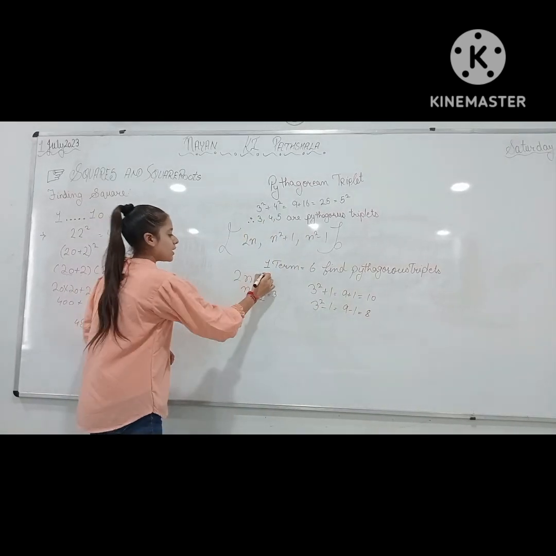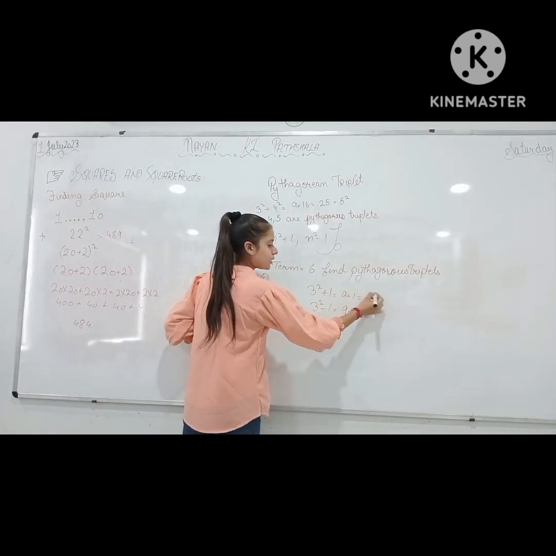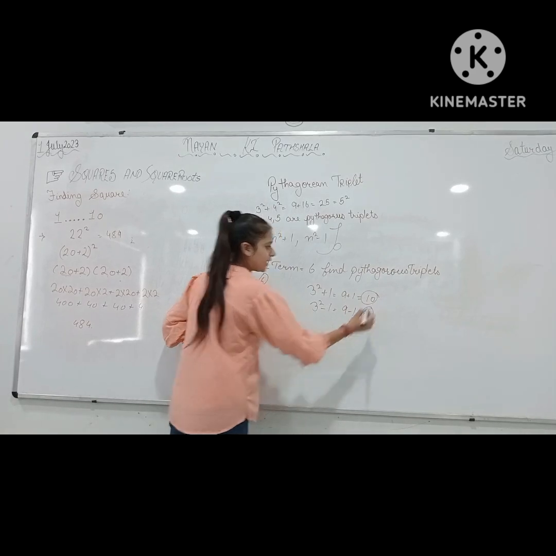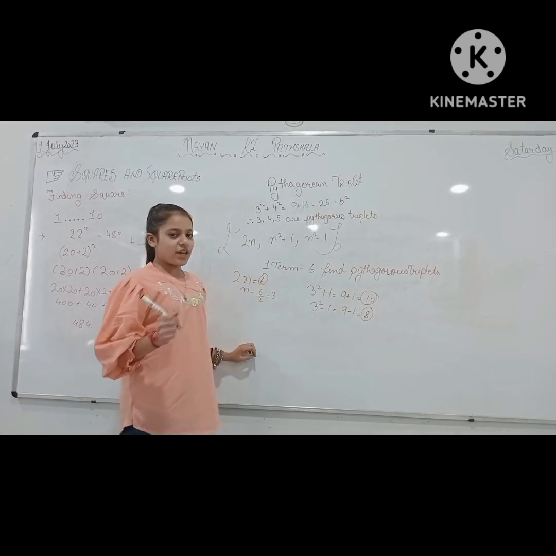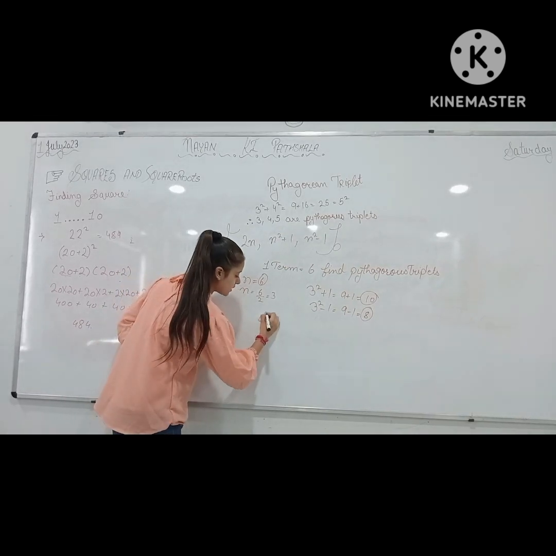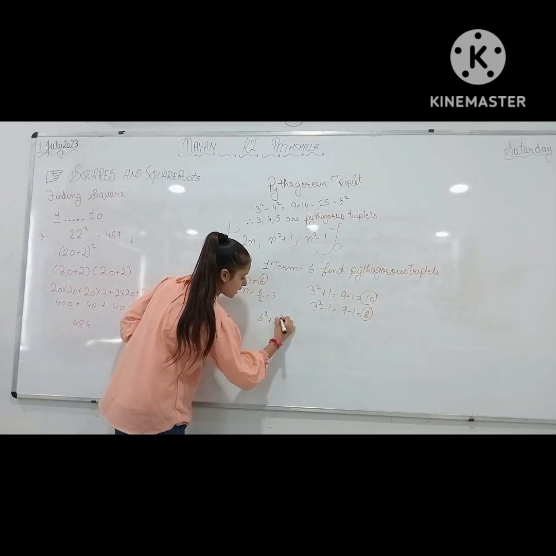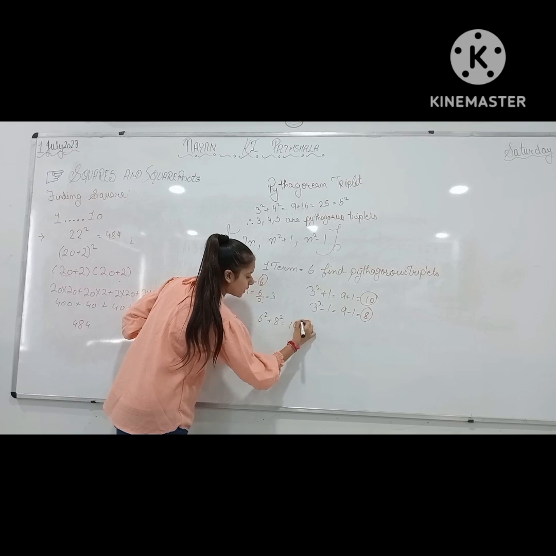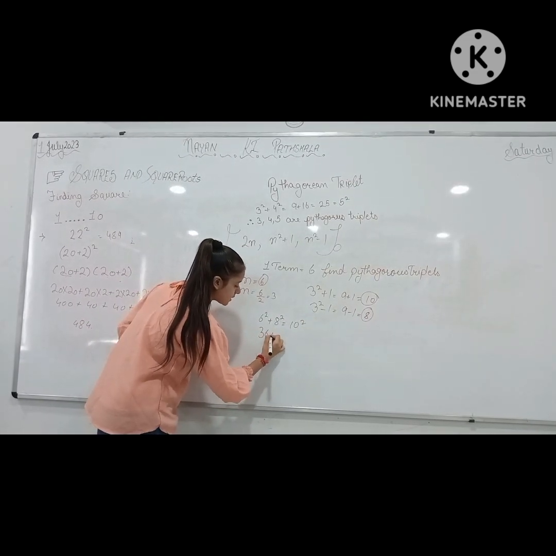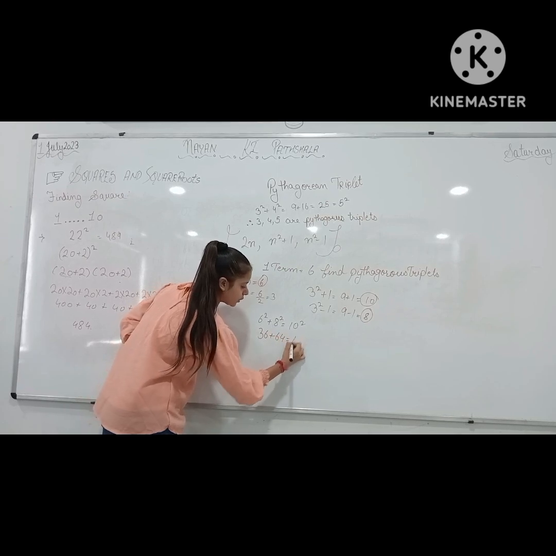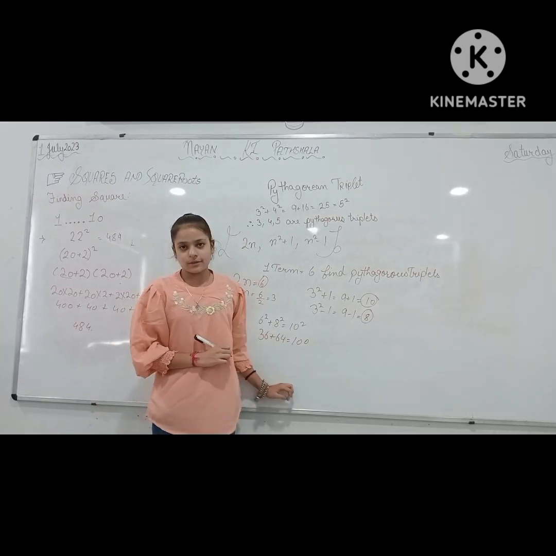So 6, 10 and 8 are Pythagorean triplets. If we want to check it, we can do 6 square plus 8 square is equal to 10 square, that is 36 plus 64 is equal to 100.